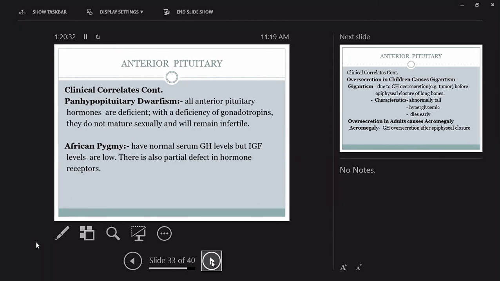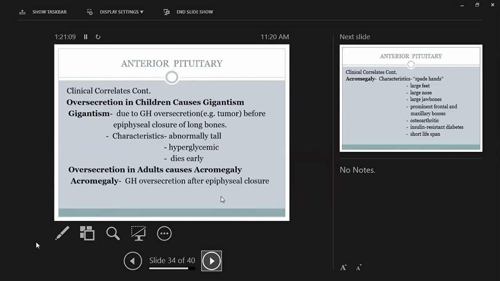All anterior pituitary hormones are deficient. With a deficiency of your gonadotropins, they do not mature sexually and will remain infertile. Your African pygmy have normal serum growth hormone levels, but the IGF levels are low. There is also a partial defect in your hormone receptors, okay?